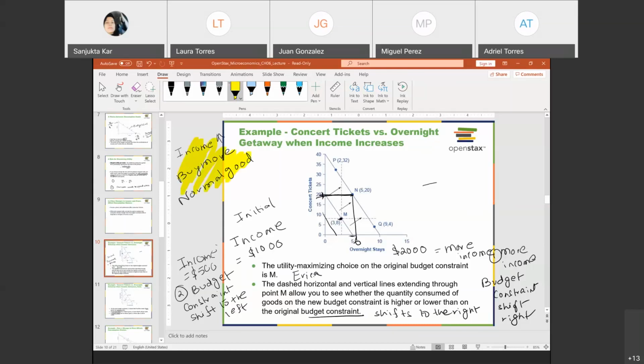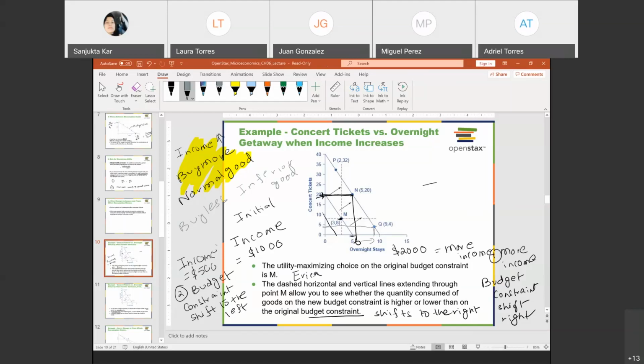On the other hand, if you buy less of the good when your income is increasing, then your good is an inferior good.